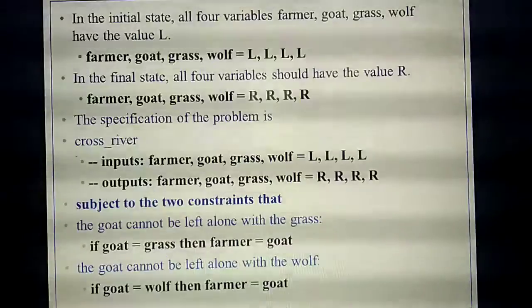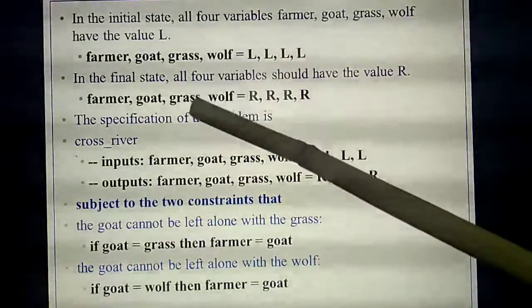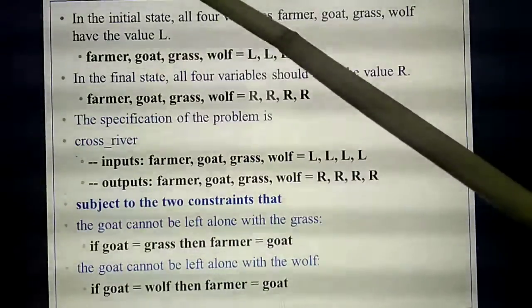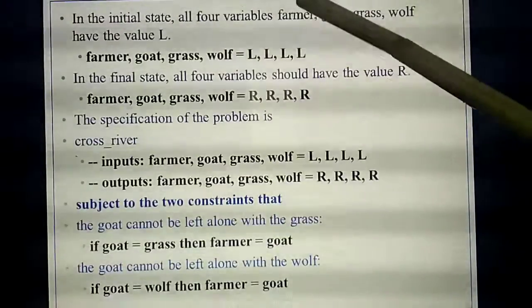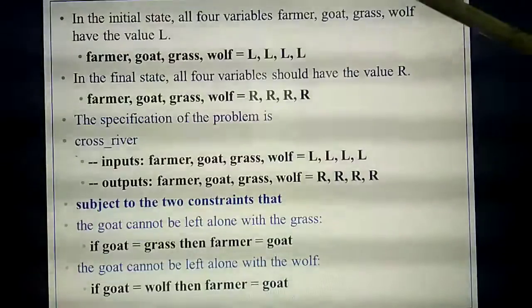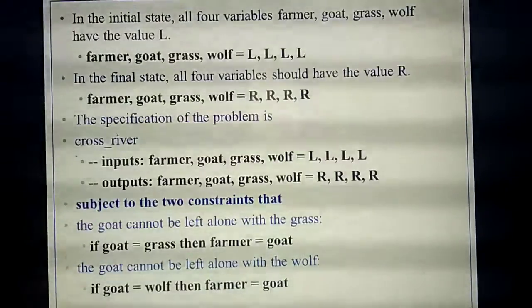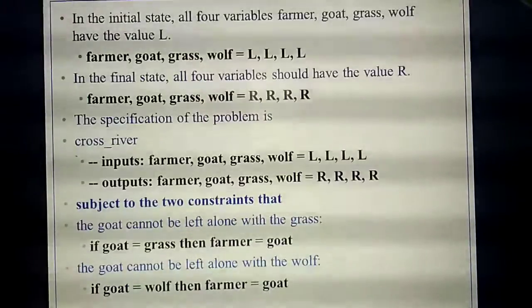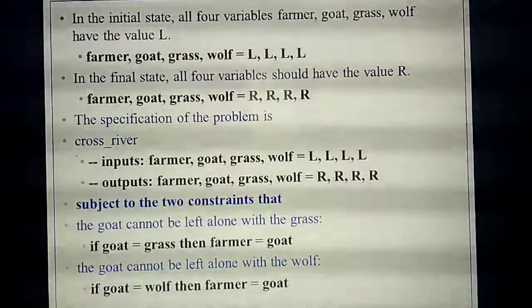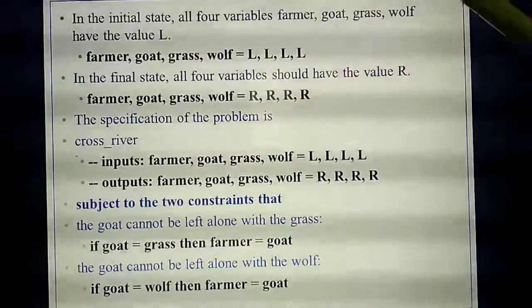Now you are writing an algorithm. At the initial state, the 4 of them, farmer, goat, grass and wolf, are standing on which side? Left side. Please understand and study, otherwise you won't understand. Please listen carefully.